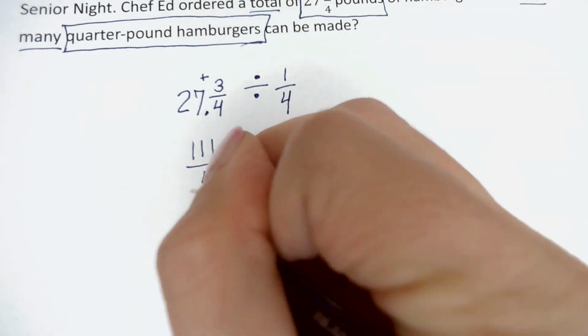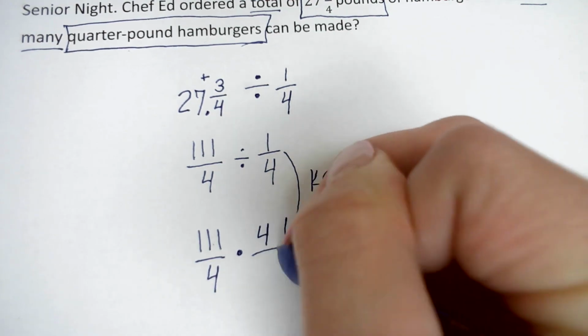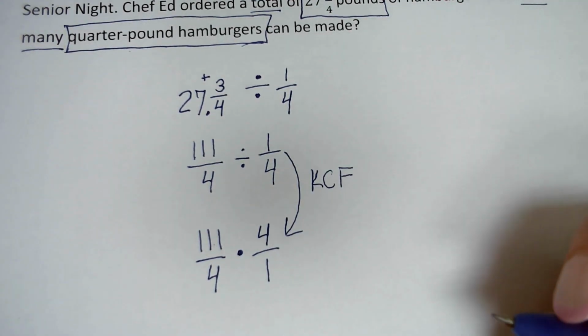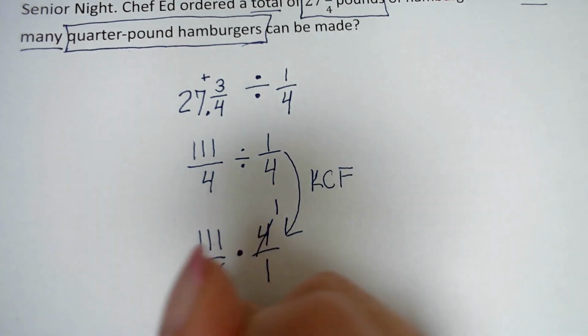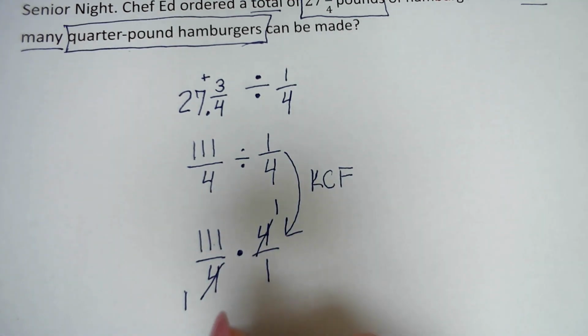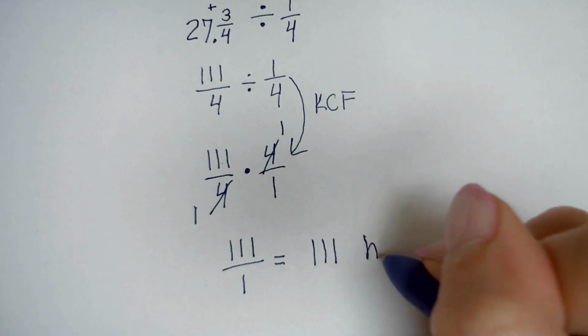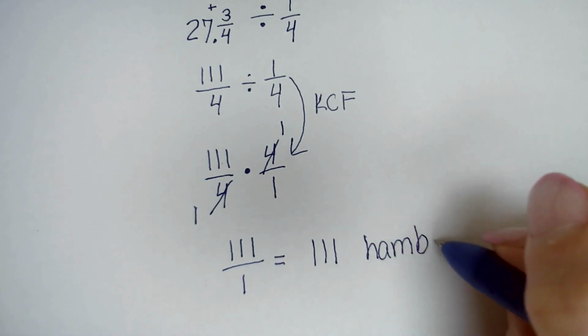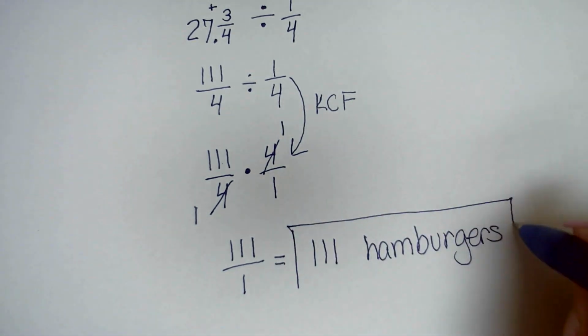So this will be 111 over 4 times 4 over 1. Now, this cancels out and this cancels out. So we can make 111 over 1 hamburgers. So that's 111 hamburgers. So come on out to the soccer game to buy your hamburgers, folks.